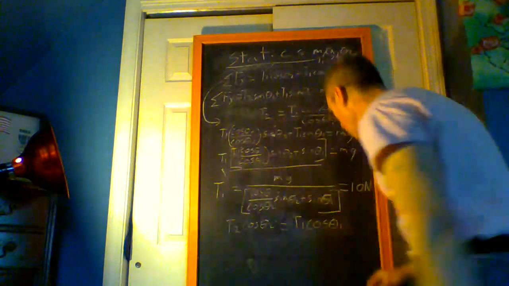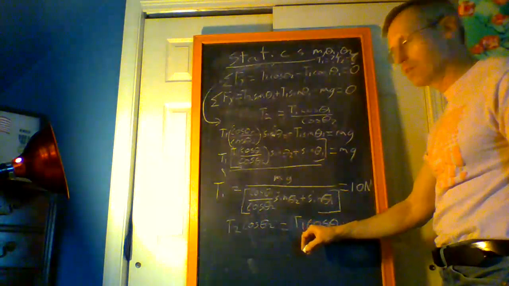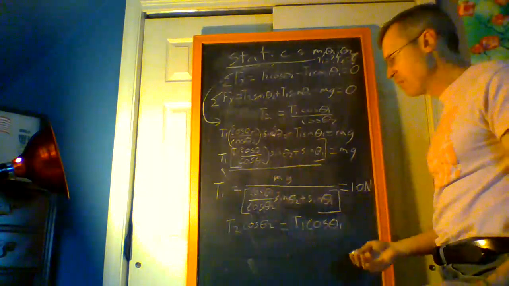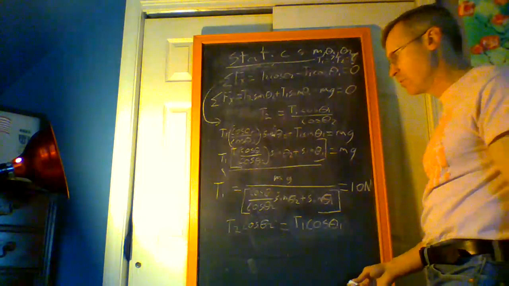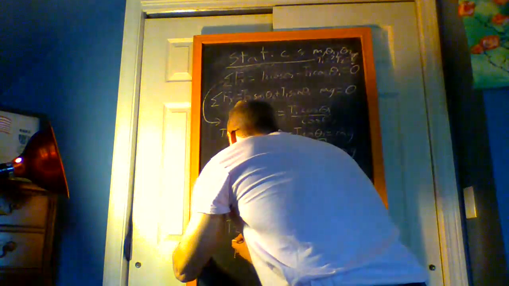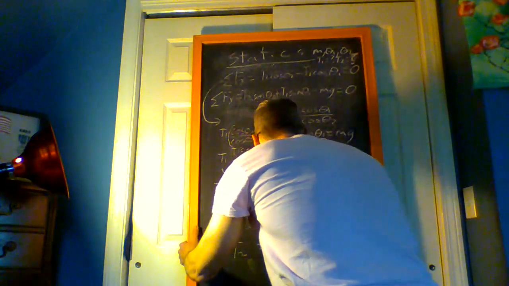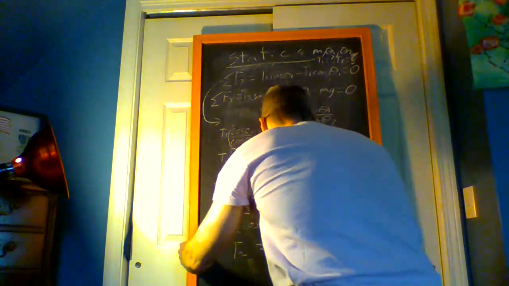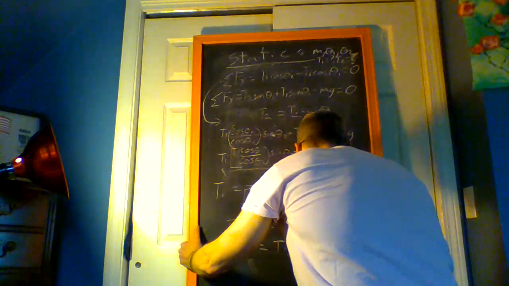Now, assuming I know what T1 is, because I did a bunch of calculator work and got it, I can easily solve for T2, and that would look like this. T2 is equal to T1 cosine theta 1 divided by cosine theta 2.